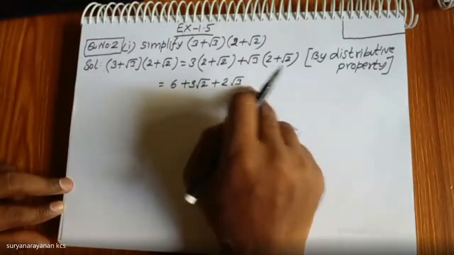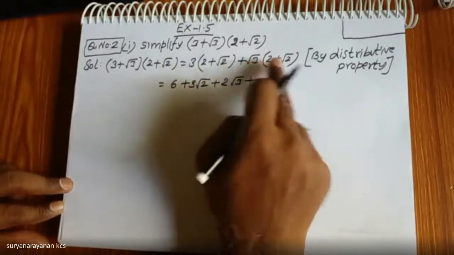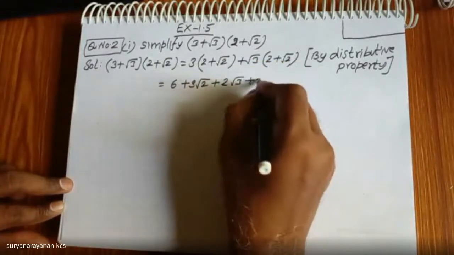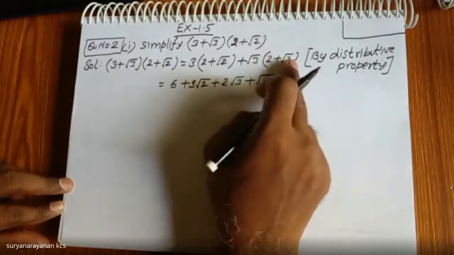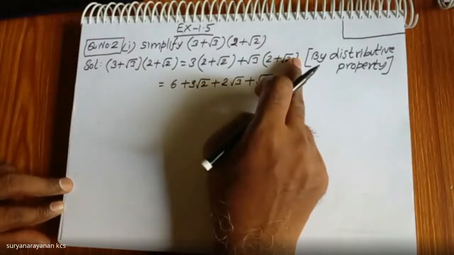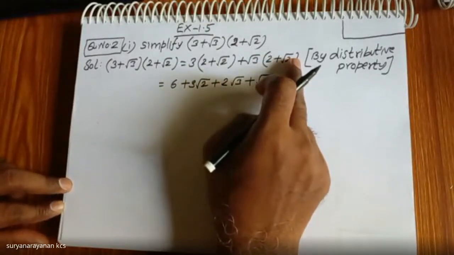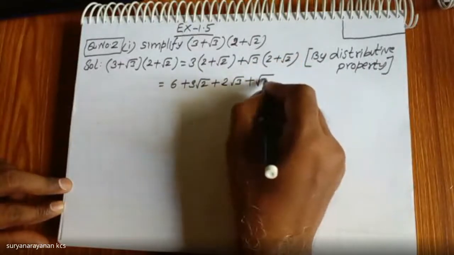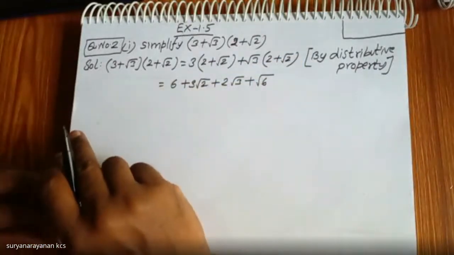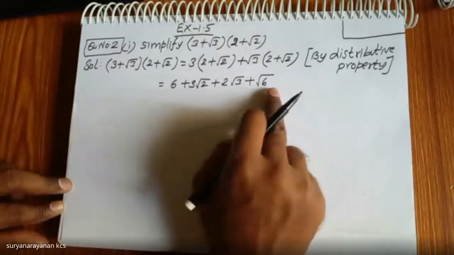Plus root 3 into root 2. What will you get here? Root A into root B is root AB. So, 3 2s are 6. Understood this step, my dear children?